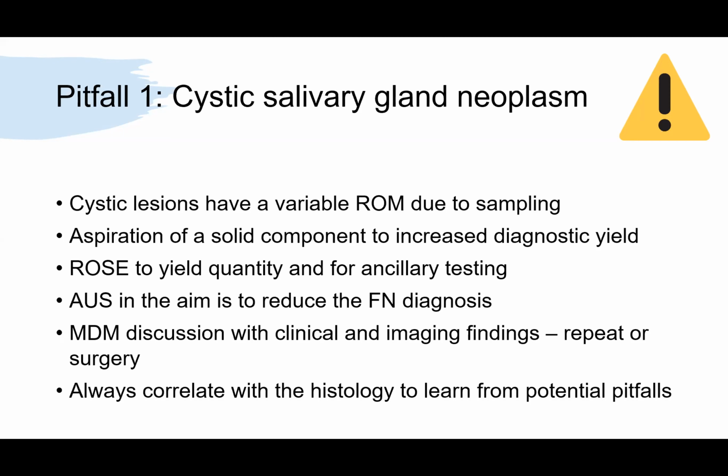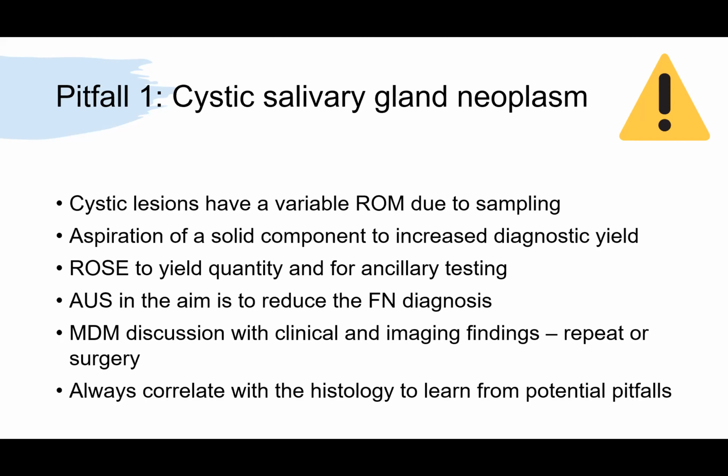It's really difficult to be confident whether it's a non-neoplastic or a neoplastic lesion. So this is where MDM discussion with correlation is mandatory, because in this category it's whether to repeat the FNA or whether there's enough information with the clinical findings to proceed to surgery.